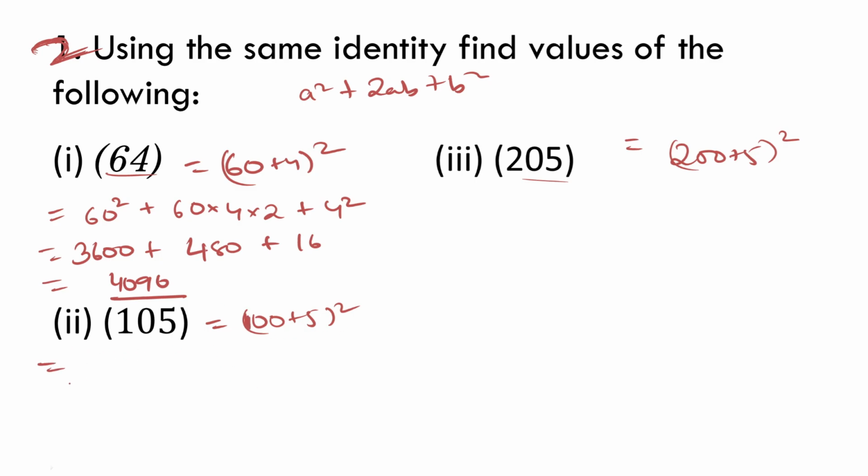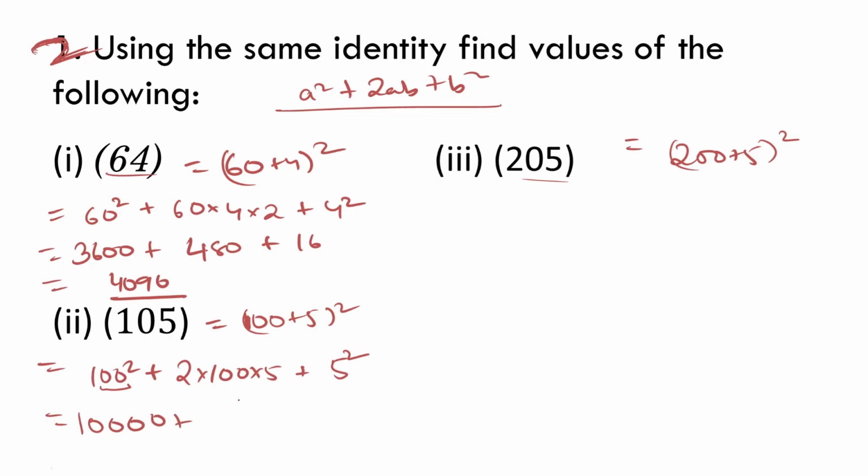Now we can solve this. 100 plus 5, so this is going to be 100 square plus 2 times 100 times 5 plus 5 square, using this formula again. When we solve this, we get 10000, plus this is 10 times 100, so this is 1000, plus 5 square, so 25, which gives 11025.